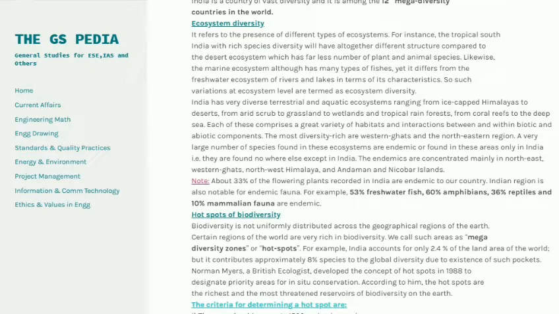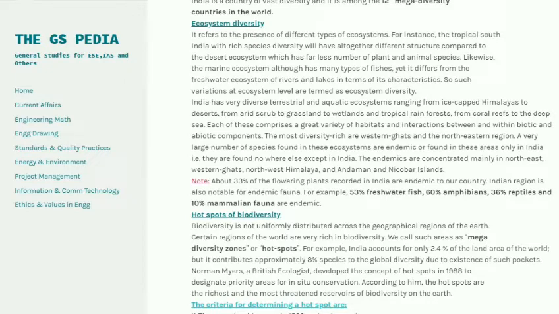For example, India accounts for only 2.4% of the land area of the world, but it contributes approximately 8% of species to the global diversity due to the existence of such pockets. Norman Myers, a British ecologist, developed the concept of hotspots in 1988 to designate priority areas for in situ conservation.